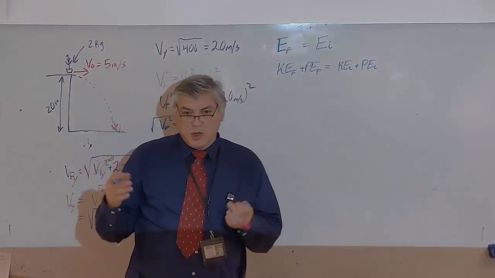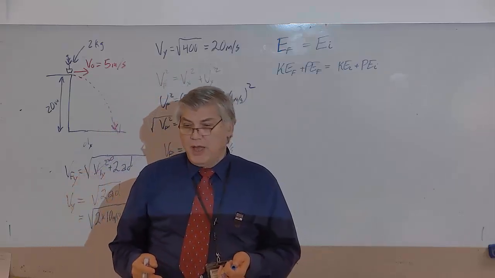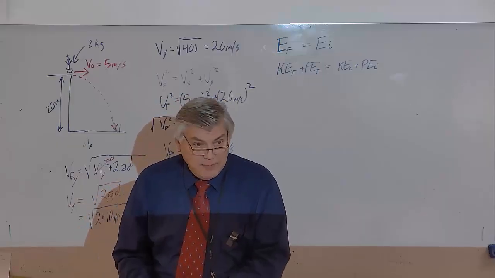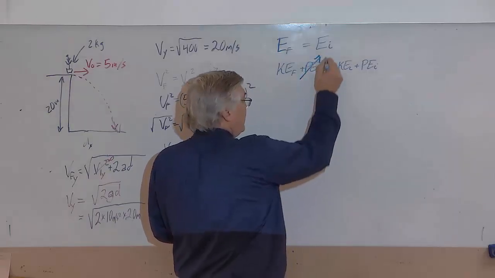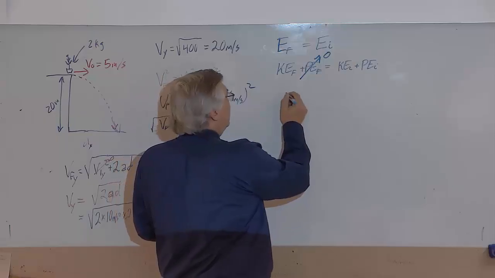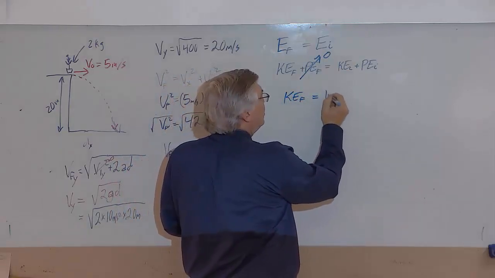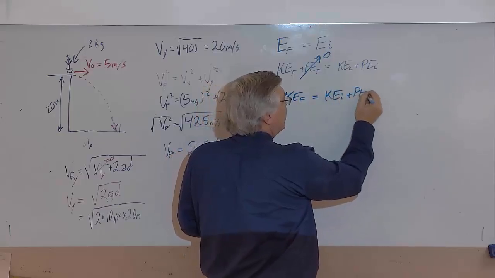When it hits the ground, it has kinetic energy, but it no longer has potential energy because it's on the ground, right? So for potential energy, the final potential energy is going to be 0. So I have kinetic energy final is equal to kinetic energy initial plus potential energy initial.